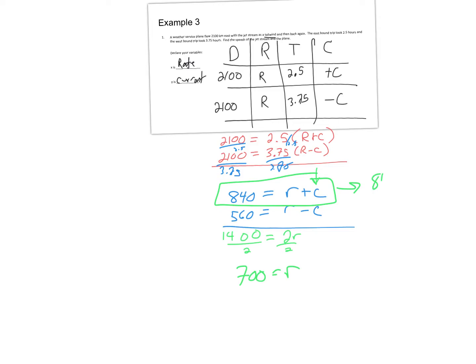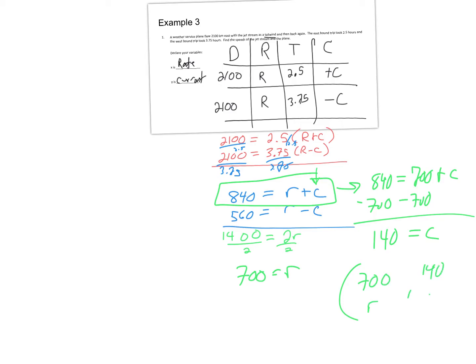Okay, so 840 equals 700 plus C, minus 700. So 140 equals C. So 700 is your rate, 140 is the current. There's that one. All right, let's keep moving.